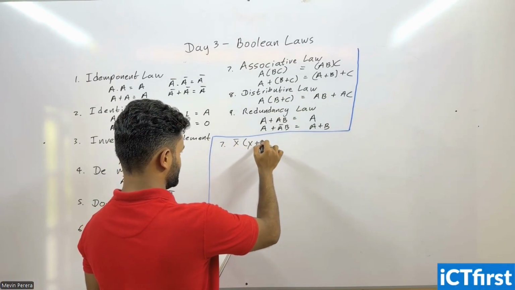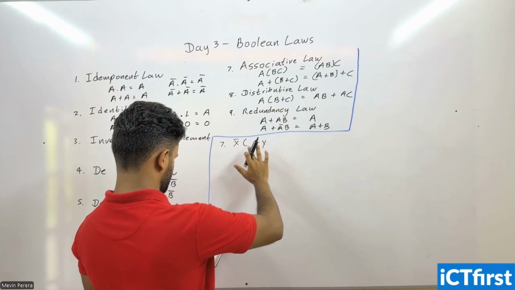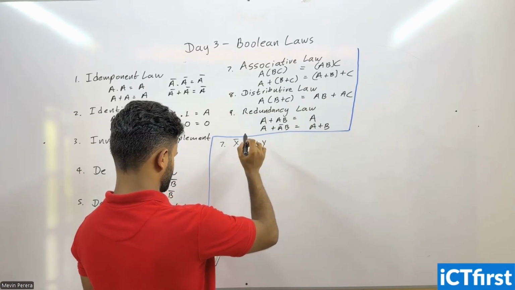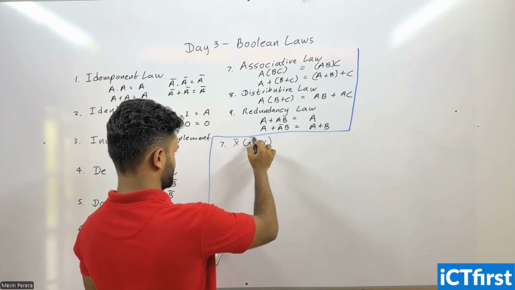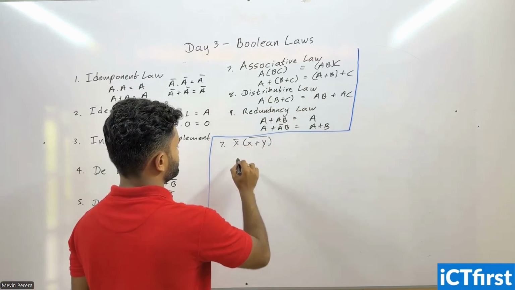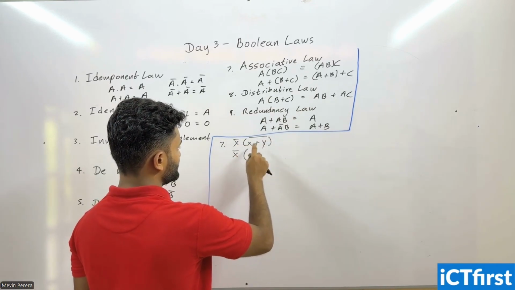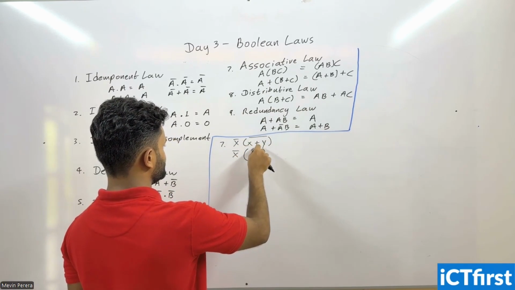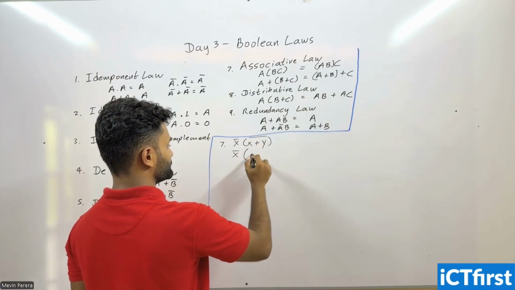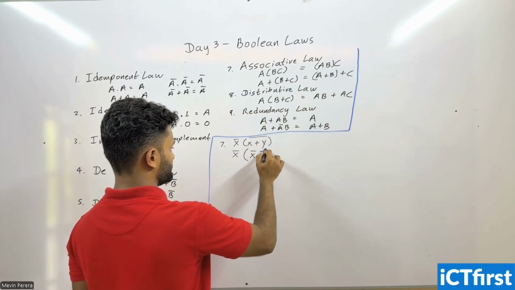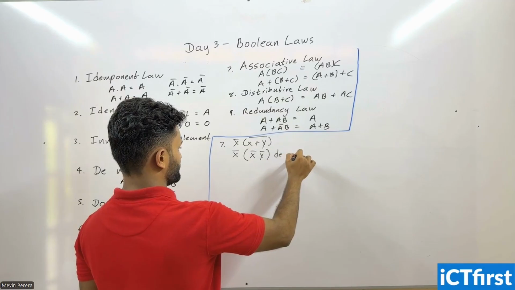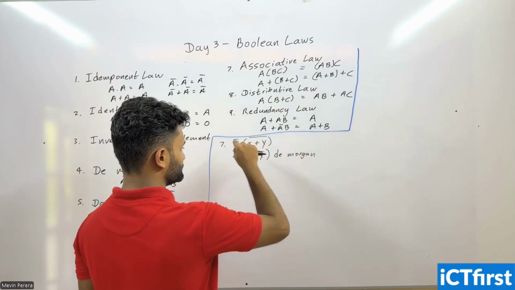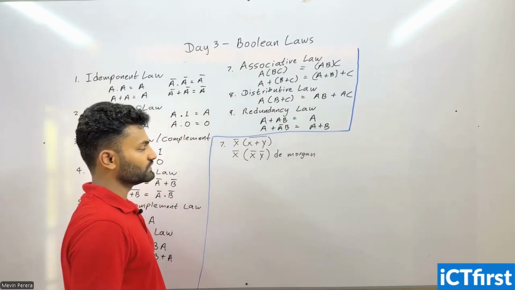x bar x plus x plus y bar. Okay. So this looks like the idea of De Morgan's law, right? x bar y bar. When you see a bar on top, you feel like it's De Morgan's law.